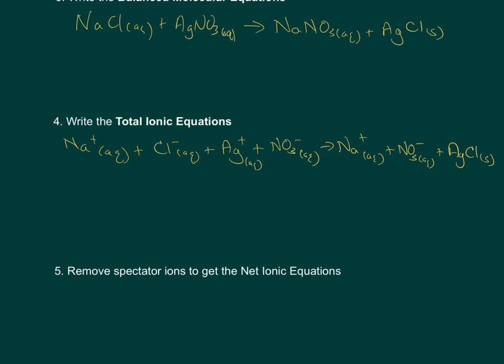And so while the total ionic equation does represent exactly what did happen in our precipitation reaction, you'll see that you have some things that are the same on the left and the right side of the equation here.